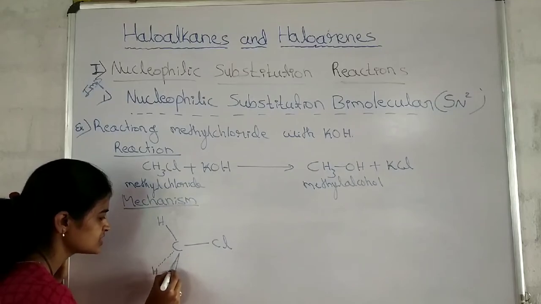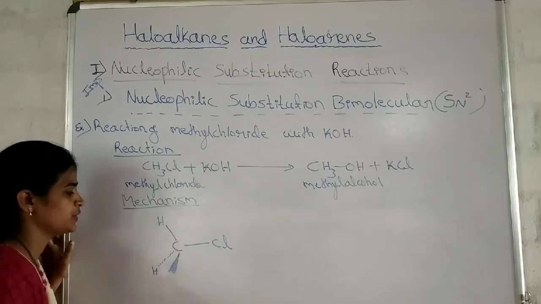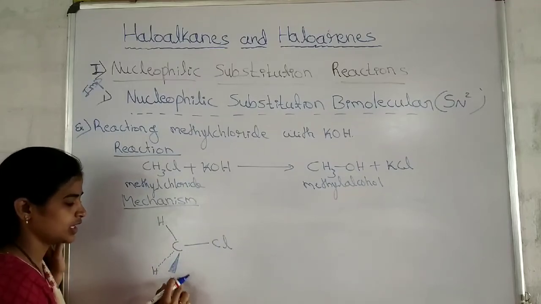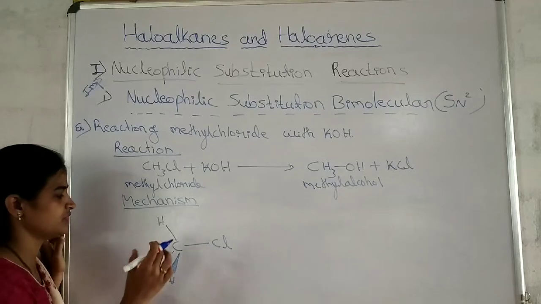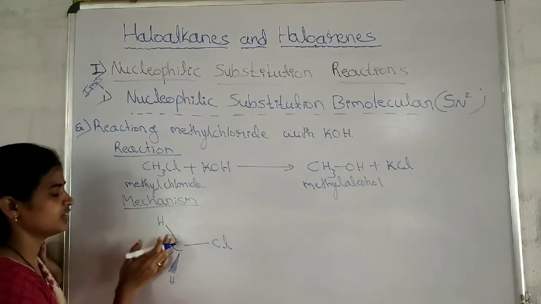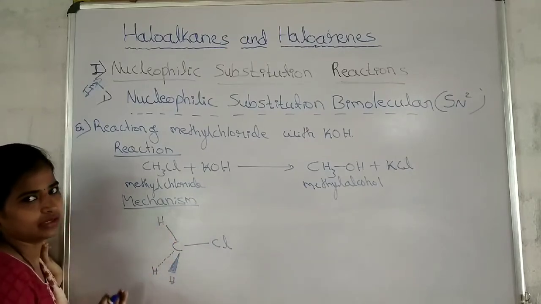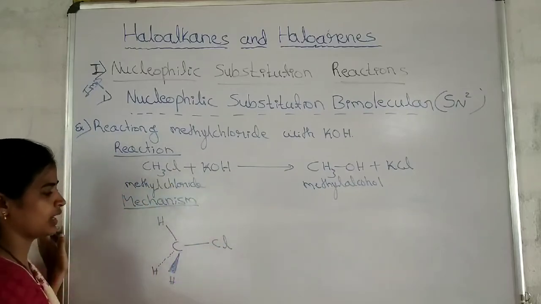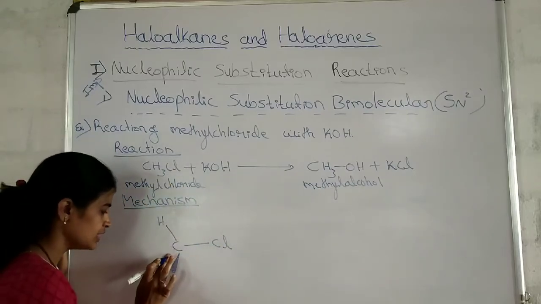This is the three-dimensional representation of the molecule as you have studied in first PUC. This indicates the bond towards the observer, the bond away from the observer, and the bond on the plane of the paper. This is the three-dimensional structure of methyl chloride.